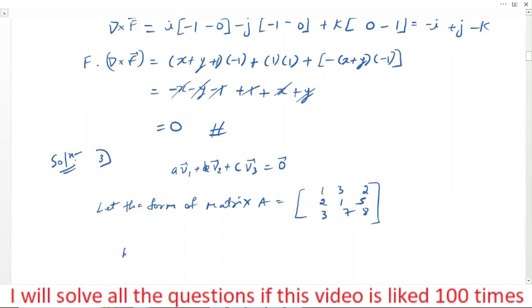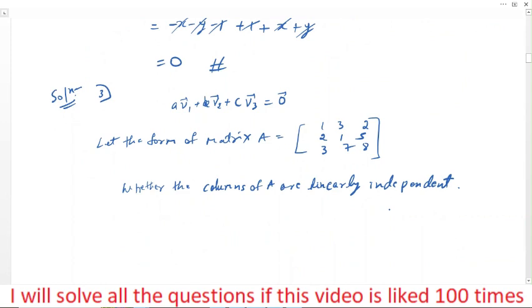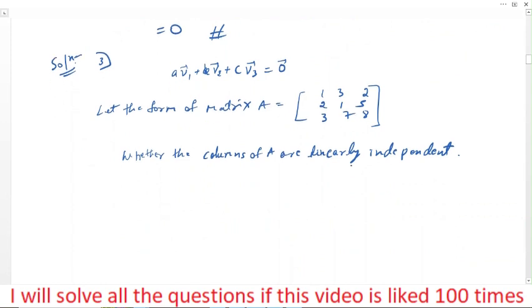Now we will check whether the columns of A are linearly independent. If it is not linearly independent, then it is dependent.